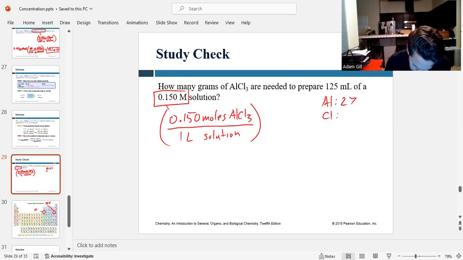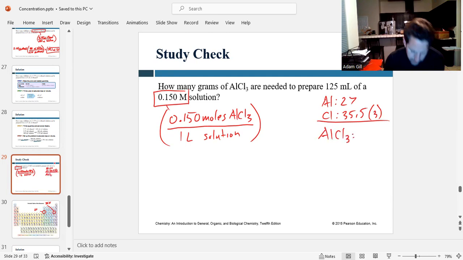And chlorine is 35.5. And there's 3 chlorines. So AlCl3 should have a mass of 133.5 grams per mole. Okay, so those are the 2 pieces of information we're going to need.